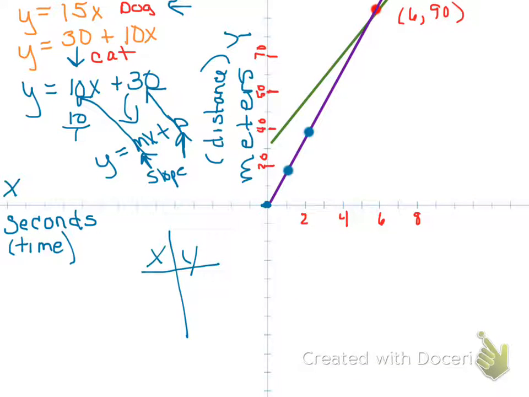And so when we plot that out on the graph, we find that the kitty cat also has the coordinates of 6 and 90, 6 being our x and 90 being our y. And then we plug those numbers in if we want to check.